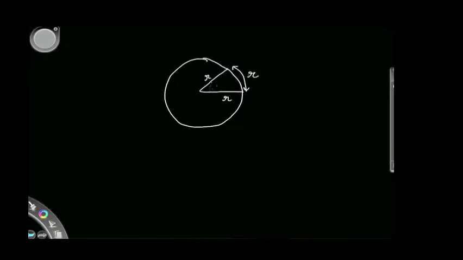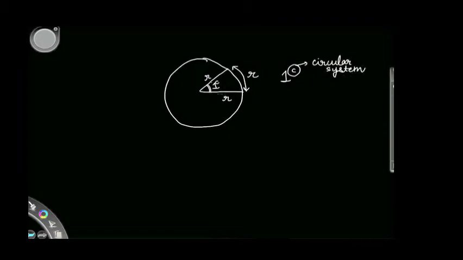Alright, so first let's define a radian. If this is a circle, this is r, and the length of the arc of the sector is also r, then the angle made is known as 1 radian. This is c for circular system.